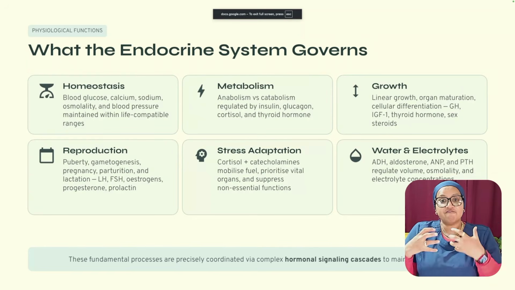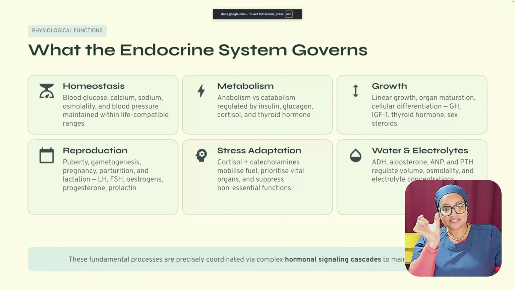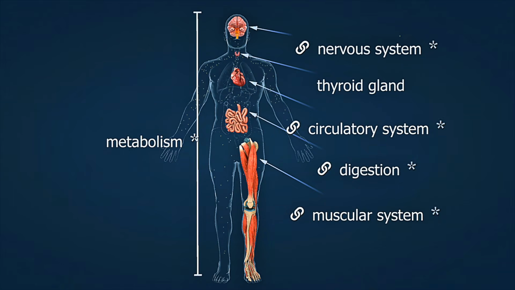All these are variables controlled within a certain range to achieve homeostasis. The endocrine system is responsible for a big part of these homeostatic mechanisms.